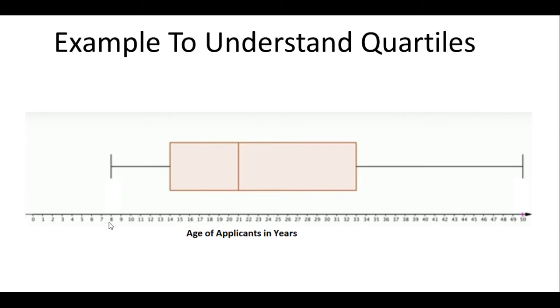This is the range of qualified applicants, and this is the age of applicants in years. The minimum age of a qualified applicant is 8 years, and the maximum age is 50.